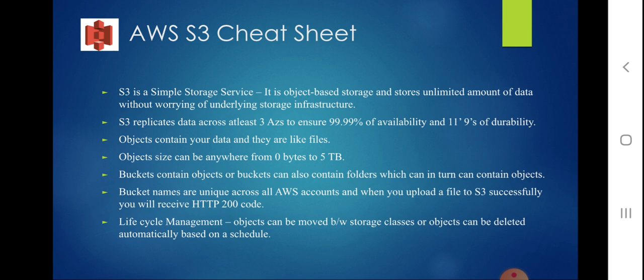If you want to maintain your data by month, you can create folders like Jan, Feb, March. Or if you want to store your data year by year, you can create folders like 2000, 2001, 2002, and store your data underneath those folders.